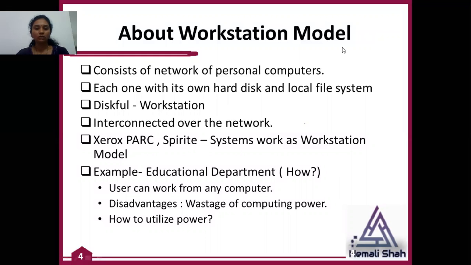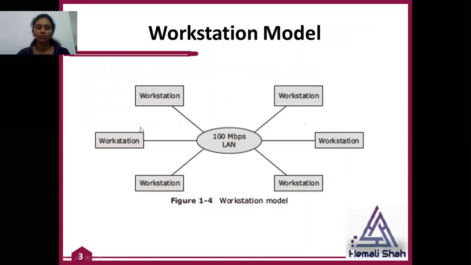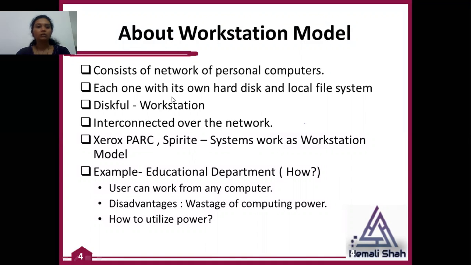The workstation model consists of a network of personal computers, each one with its own hardware, its own hard disk and local file system.